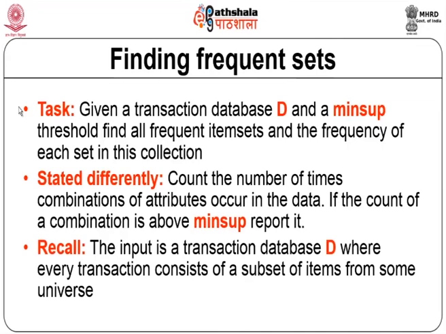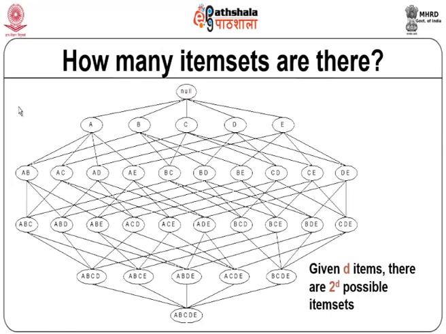Now, you will have to recollect that the database D has many sets of transactions and contains multiple subsets of items that may be considered to be the universe set. Now, when you are generating item sets, what may happen? Assume you have 5 items, A till E. To start with, I can have single items A, B, C, D and E separately.